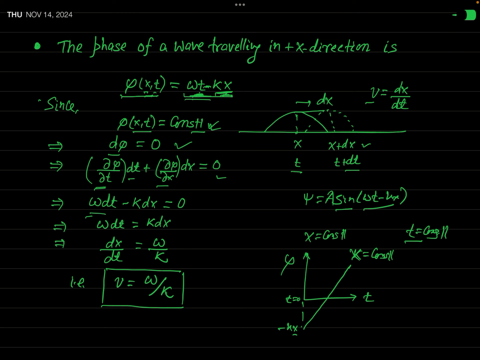So this result is omega dt minus k dx, and that equals 0. So omega dt is k dx, and dx by dt is omega by k. But as we have seen, this dx by dt is actually the wave velocity, because x represents the displacement of the wave.